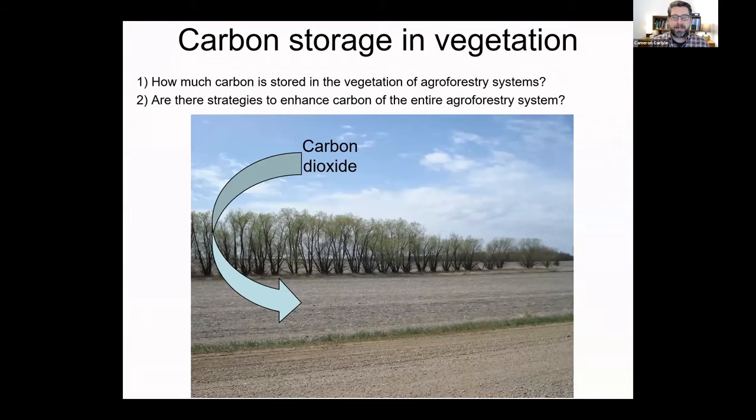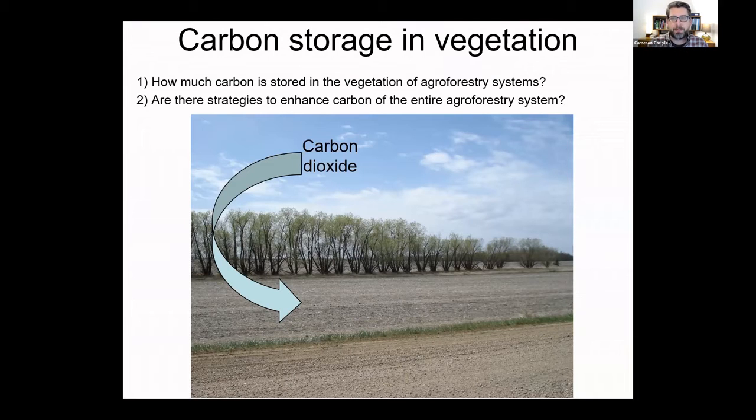Okay, so just a very quick reminder that there's carbon in the atmosphere, and vegetation is the conduit that, through the dropping of vegetation and through root exudates, moves that carbon into the system.